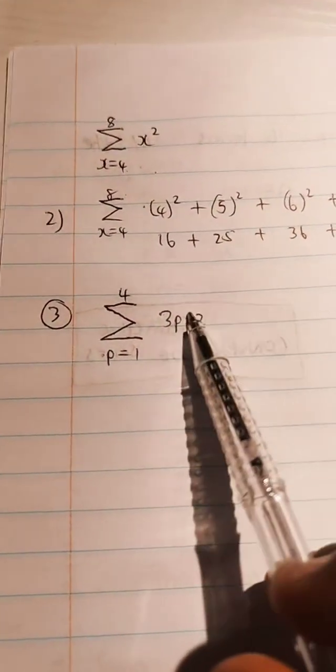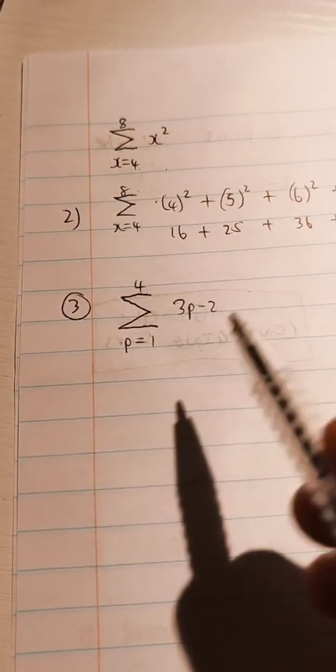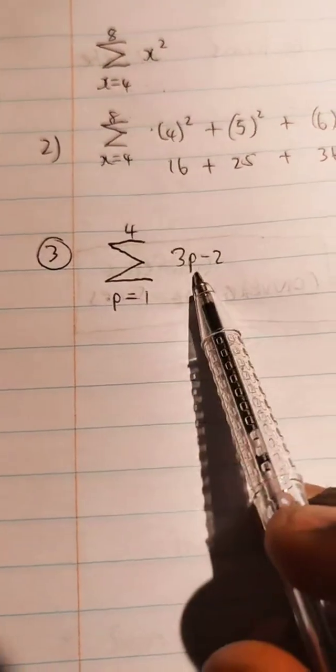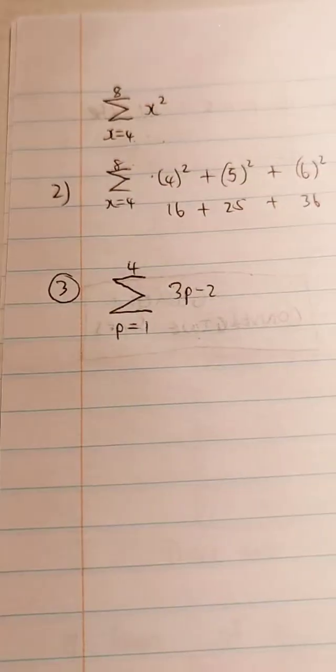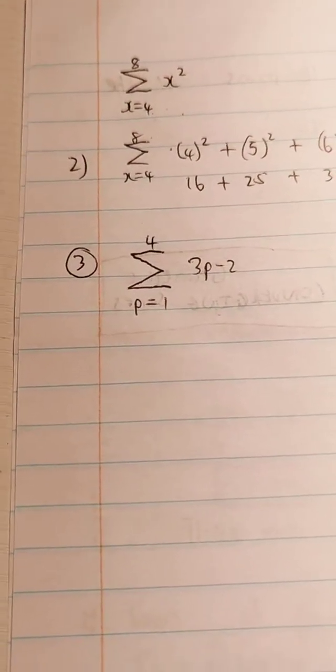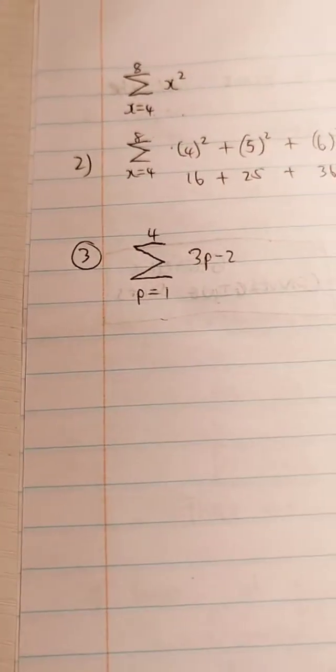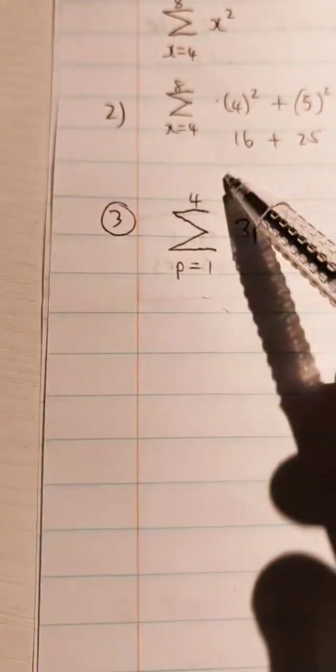(3p minus 2). Once again, linear in nature, all right? The general term is that, but then this is where we start. This is where we substitute last. Okay, so top is last, bottom is first. Last, first, last, first, last, first, last, first.